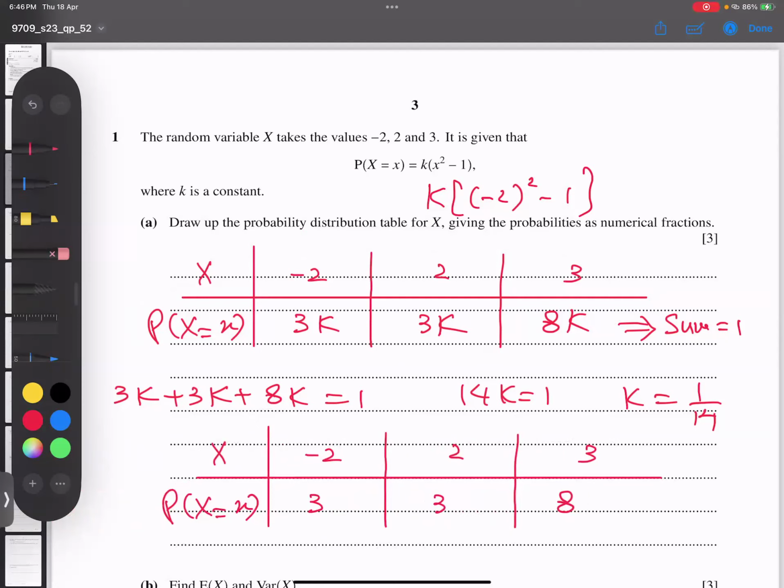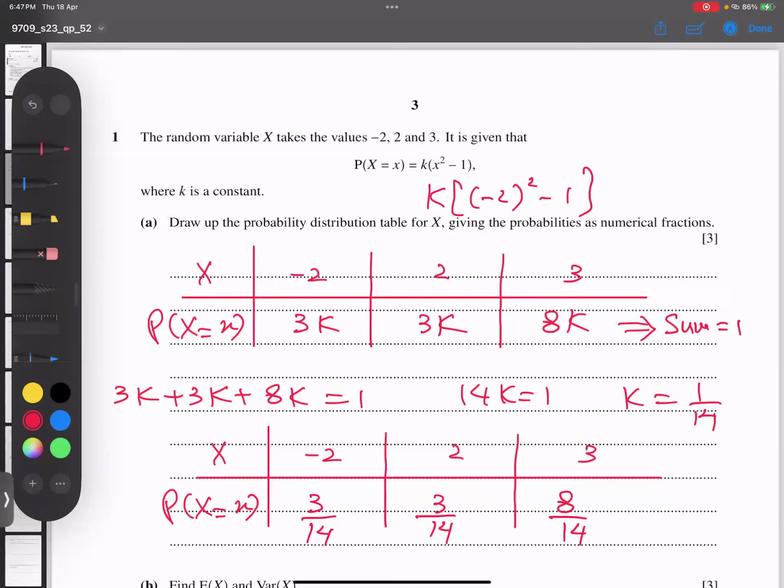It's very clear. So this k, 1 over 14, goes there, and we become 3 over 14, 3 over 14, 8 over 14. I hope the point is very clear and we got this table. You can give decimal format even, but I think it is okay to give it in fraction form.